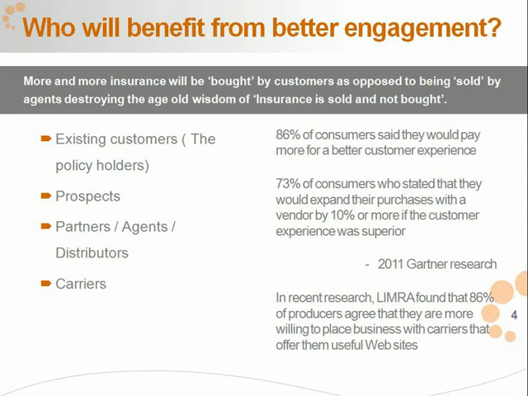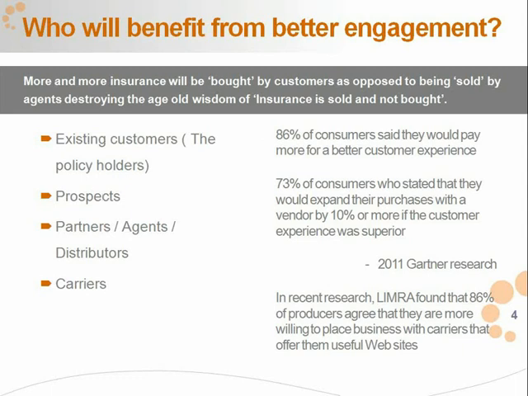Obviously, we're talking about some existing customers, your product or policy holders. You're talking about prospects who are at some stage of their decision-making or buying lifecycle and can really benefit if they are engaged better with you.